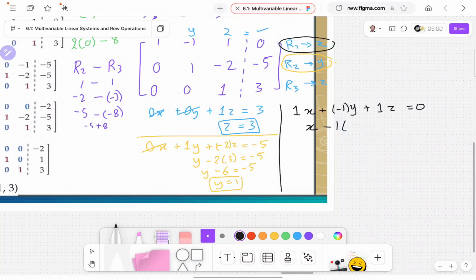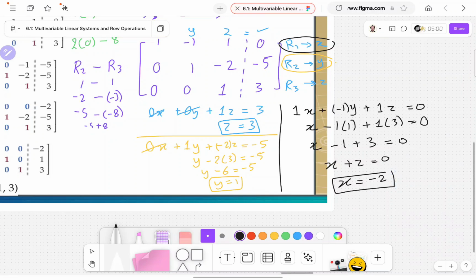Negative 1 times y, which is 1, plus 1 times z, which is 3, equals 0. So x minus 1 plus 3 equals 0, so x plus 2 equals 0. We take minus 2 to the other side, so x is equal to negative 2.